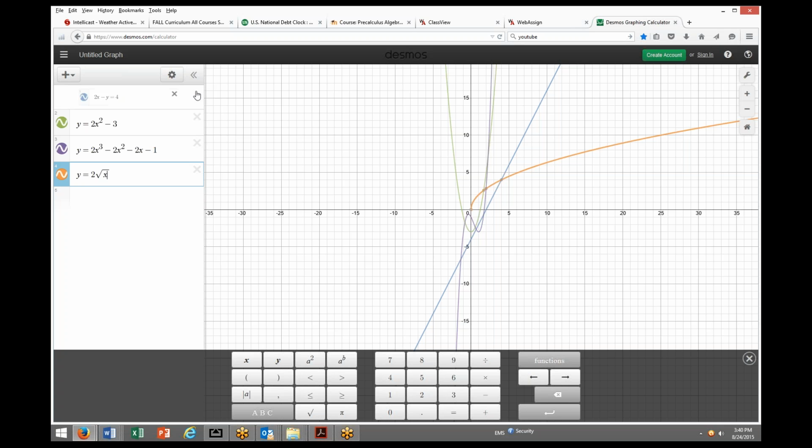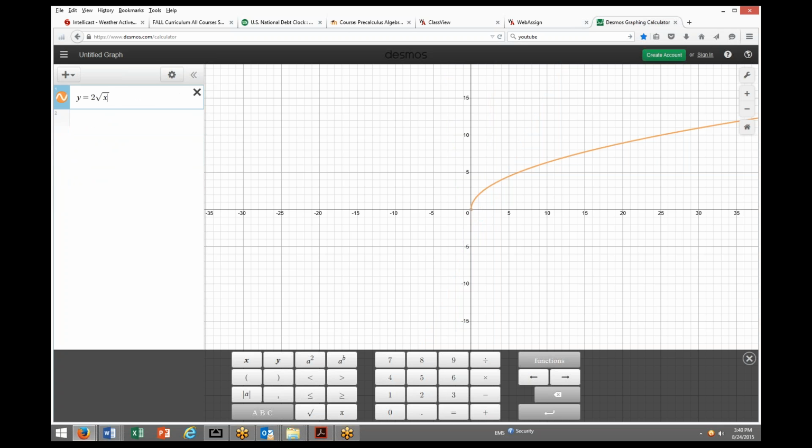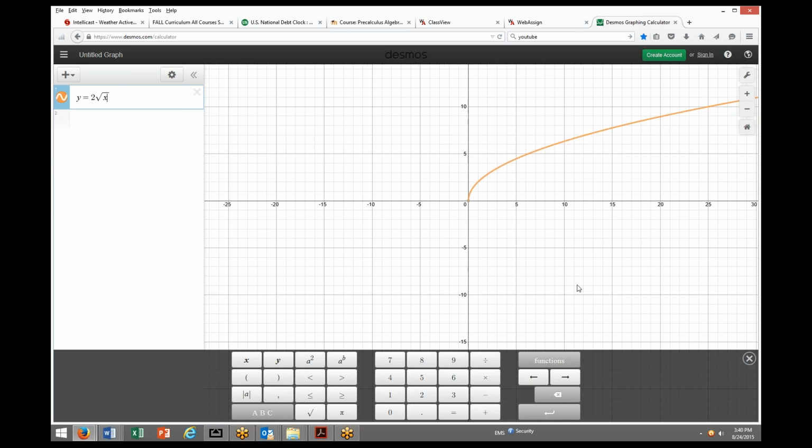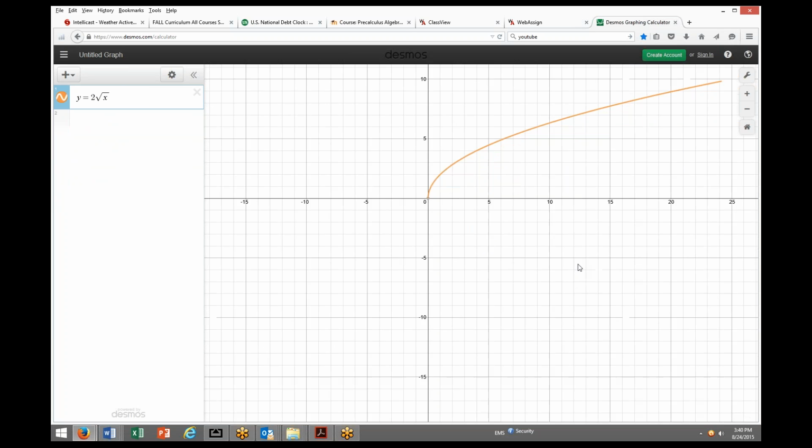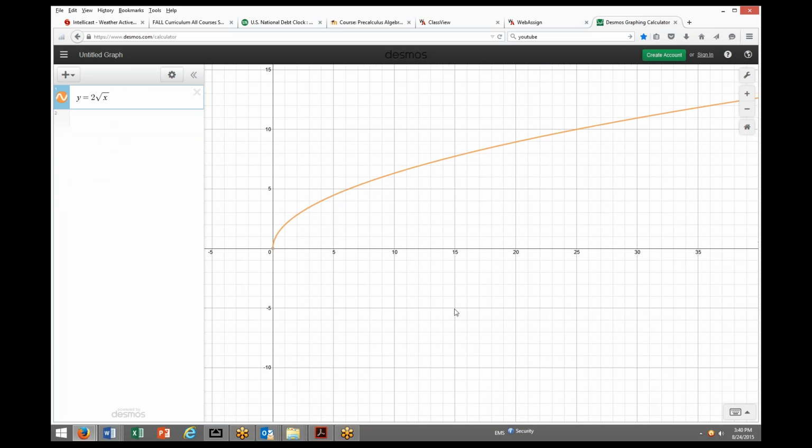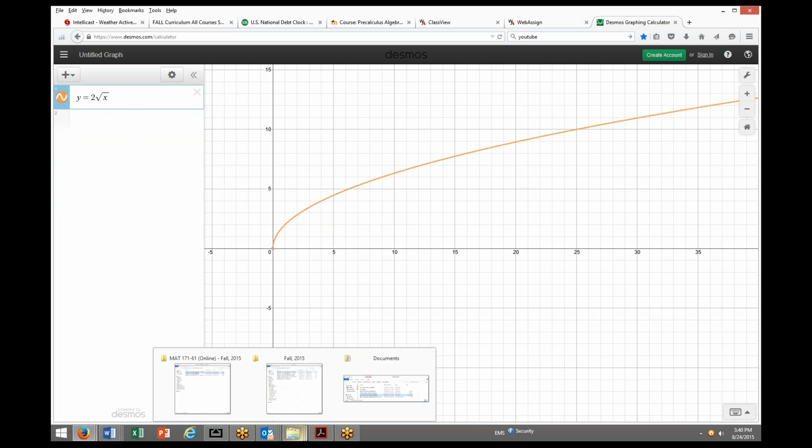So let's get rid of these first 3 now and just leave that one. And I'm going to zoom in a little bit on this. So there's the graph of the equation y equals 2 times the square root of x. Let's make a couple observations about this graph that actually are significant.